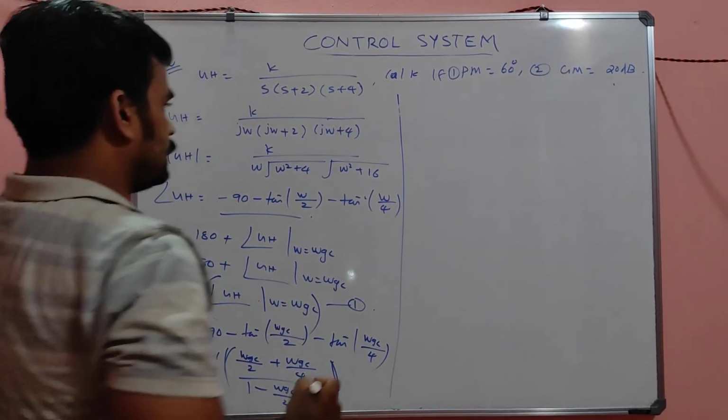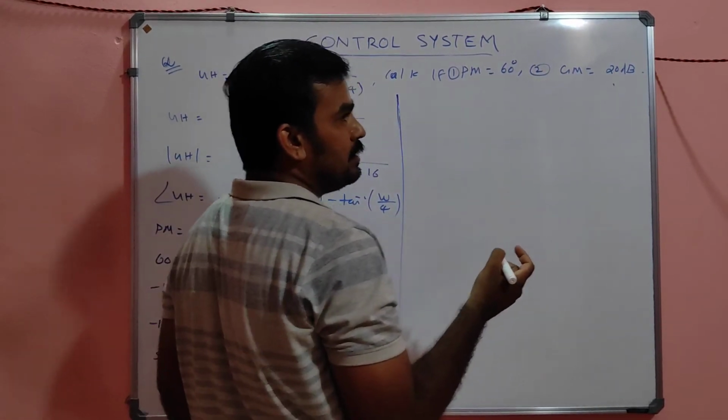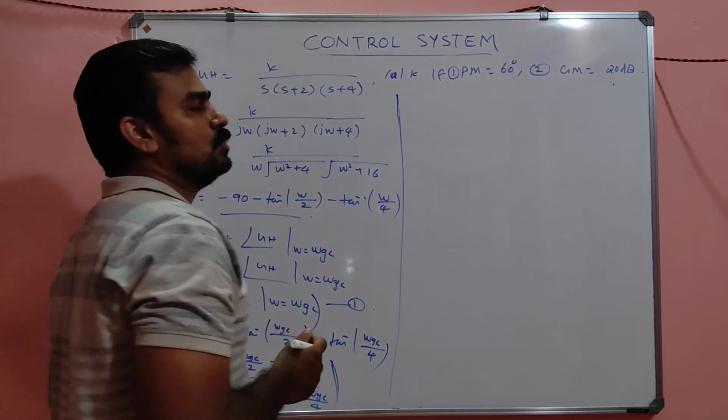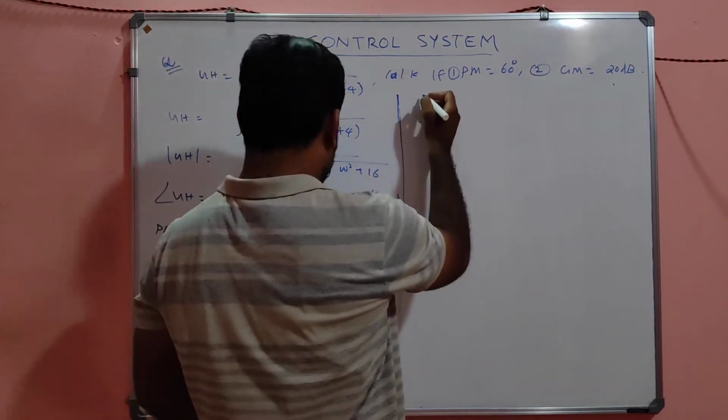So tan 30 will be equal to, what is tan 30? I already know it. Tan 30 is nothing but sin 30 by cos 30, 1 by 2 divided by root 3 by 2. So the answer will be root 3, right?